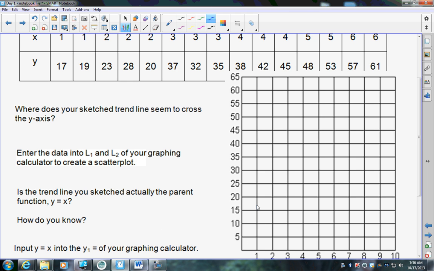I'll go over here to 1 and go up to 17 and put a dot. 1 and 19. 2 and 23. 2 and 28. Sometimes I like to check these off to make sure I've done them. 2 and 30. 3 and 37.